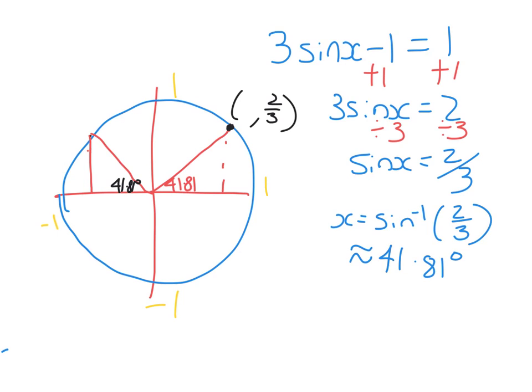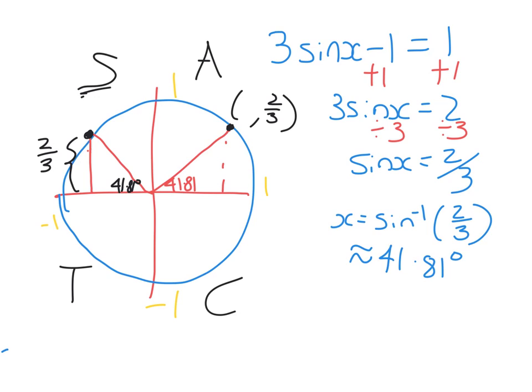So because they're congruent, this distance here will be the same, so the y-coordinate will be positive 2/3. Because I know, from all students take calculus, that sine is positive in the second quadrant. So my other solution is going to be in the second quadrant because sine is also positive here.